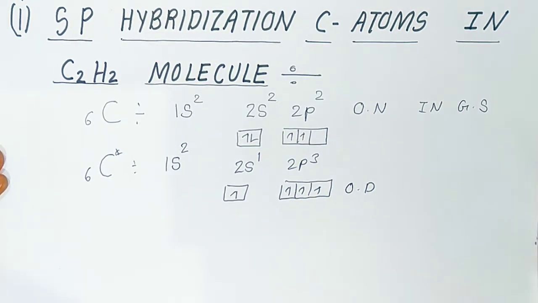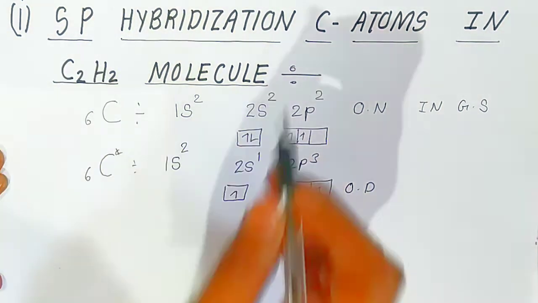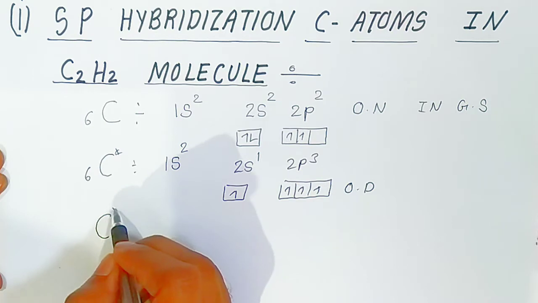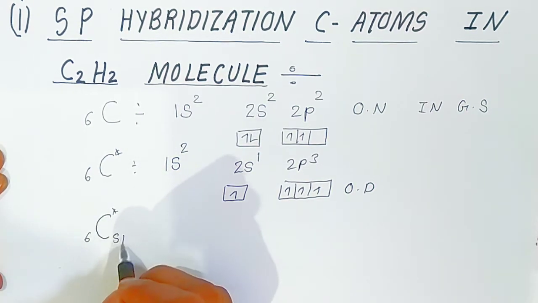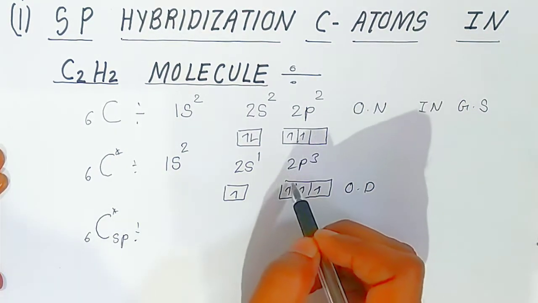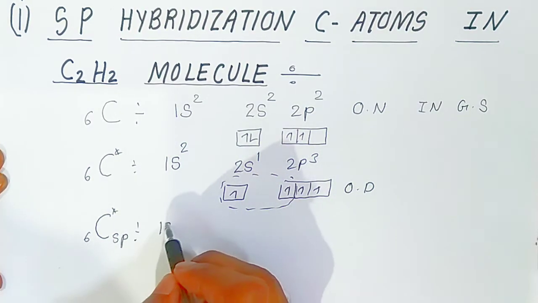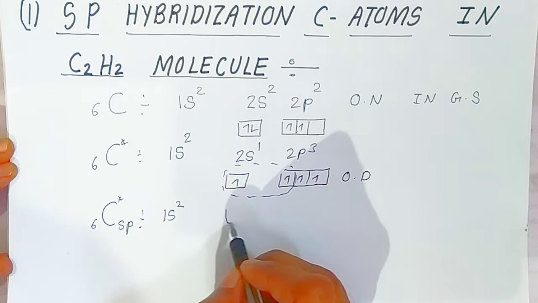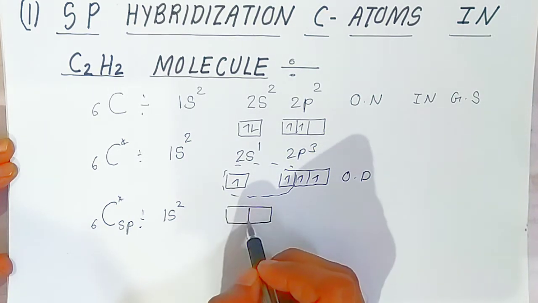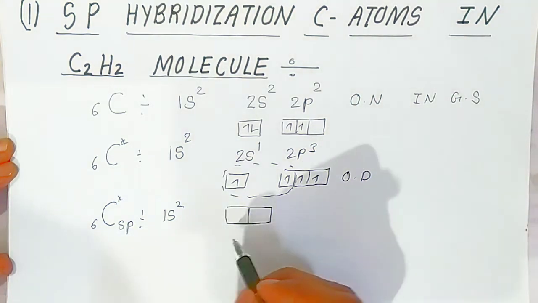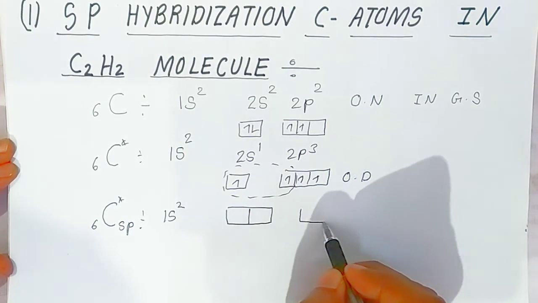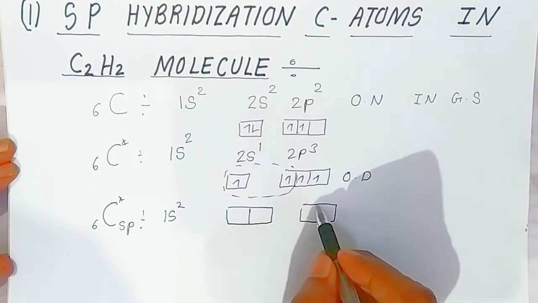Now students, because we are talking about sp hybridization, what happens in the carbon in sp hybridization is that it will hybridize one s orbital and one p orbital, and the sp hybrid orbitals will be like this. You will get two sp hybrid atomic orbitals, and two pure atomic orbitals of carbon.